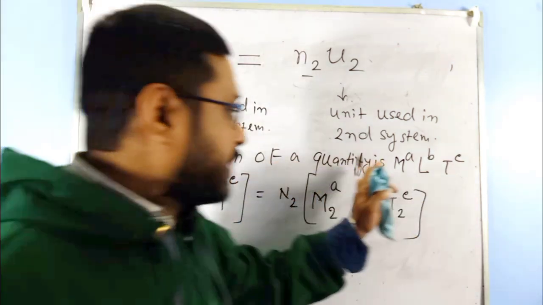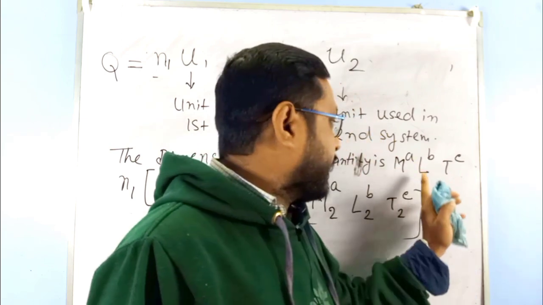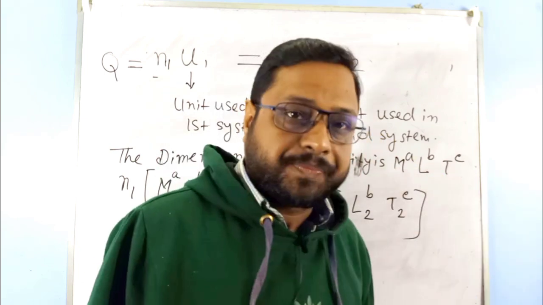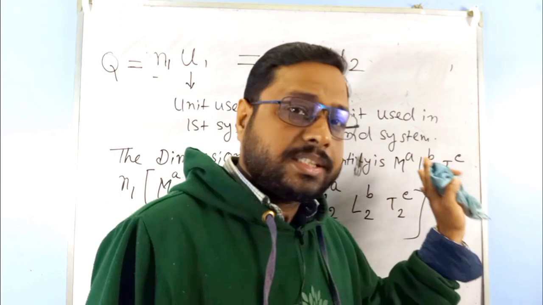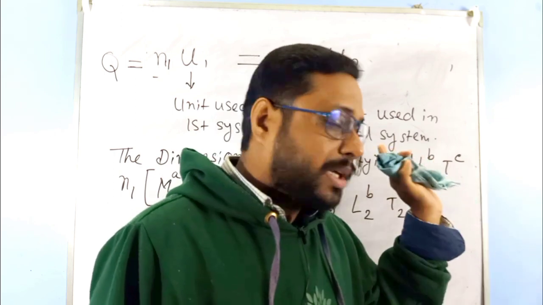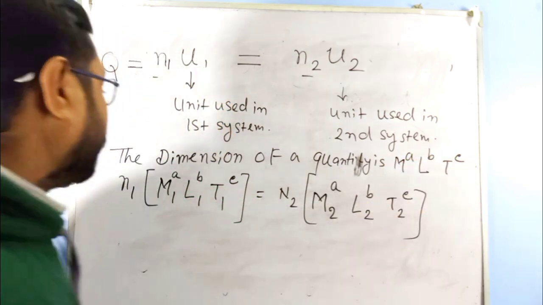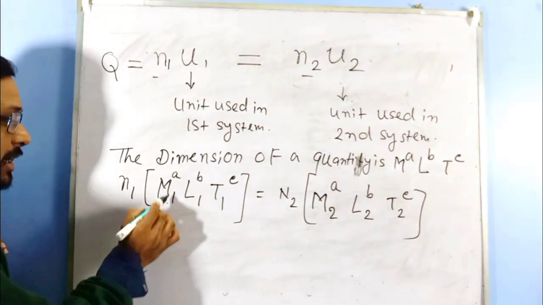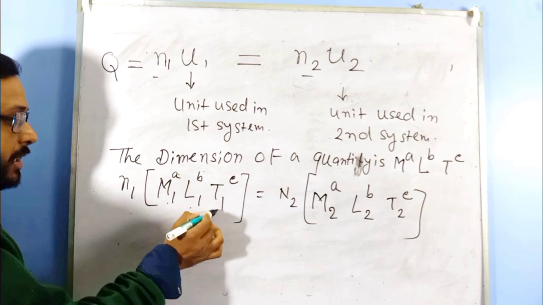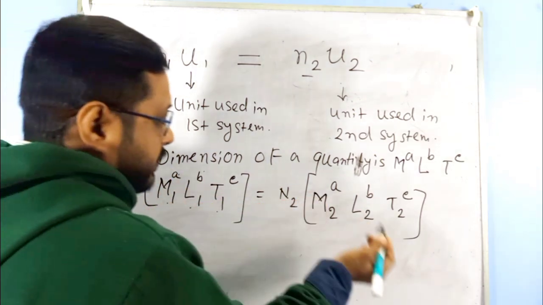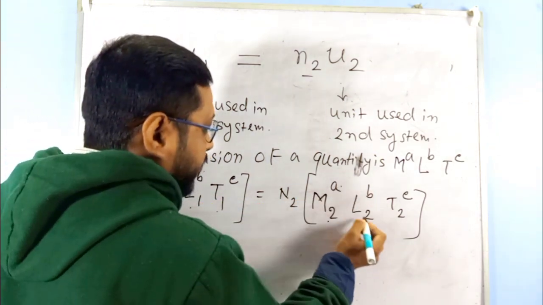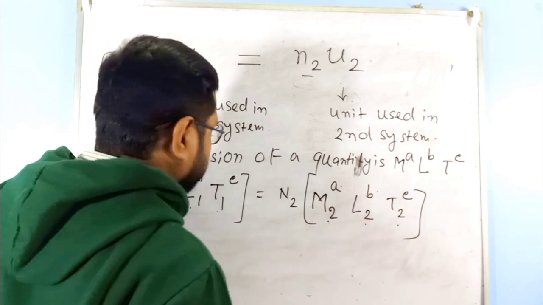The dimension of that quantity is M to the power a, L to the power b and T to the power c. This dimension is independent of any unit, but the value of this quantity in the first unit is M1 to the power a, L1 to the power b, T1 to the power c, and in the second unit is M2 to the power a, L2 to the power b, T2 to the power c.